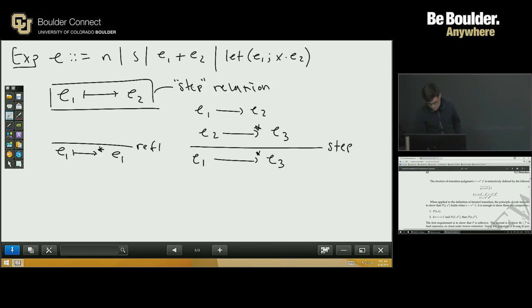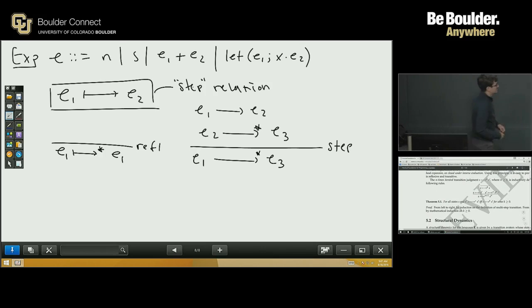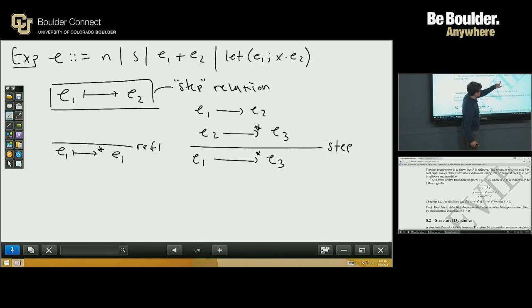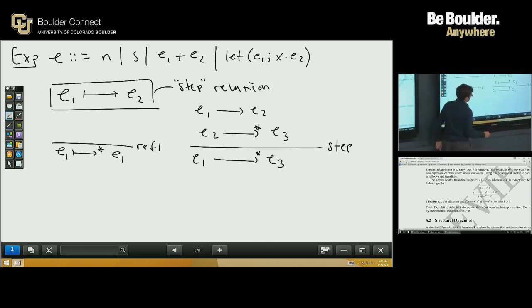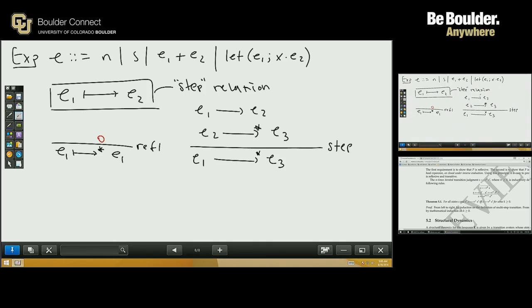There's another thing he does in the book, I think just below this, where he says, rather than not specifying how many, you could actually index this arrow by some natural number n, and then you call this the 0 rule and the successor rule. So it's the same idea here where in this case I would write 0 instead of star. Here I'd write 1. Here I'd write n.